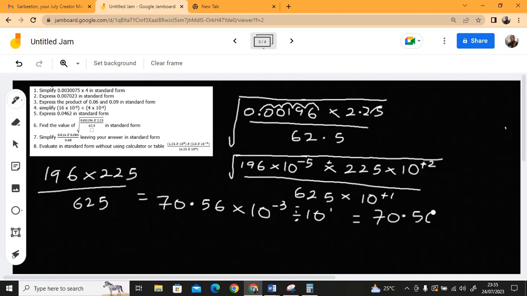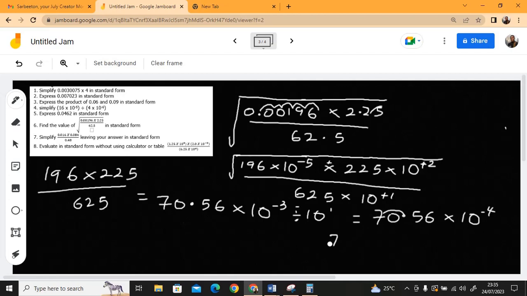So we have 70.56 times 10 raised to power minus 4. Now, I told you this is not in standard form because the point has to come after only the first digit. So I have to move this point backward once, and because it's a positive number, I can just add plus 1 here.